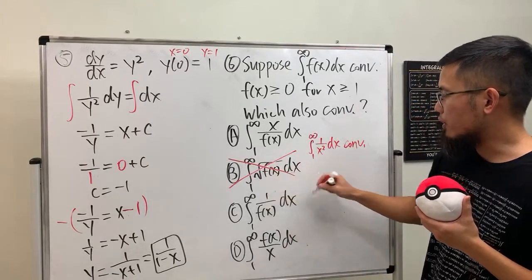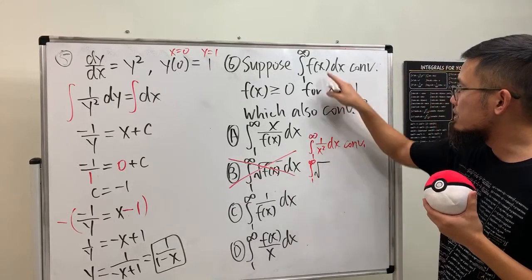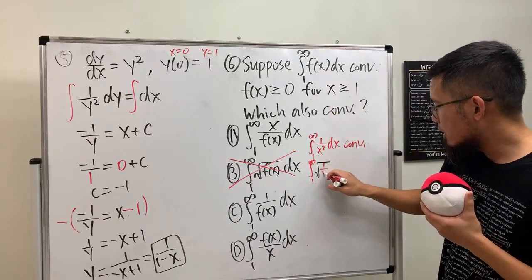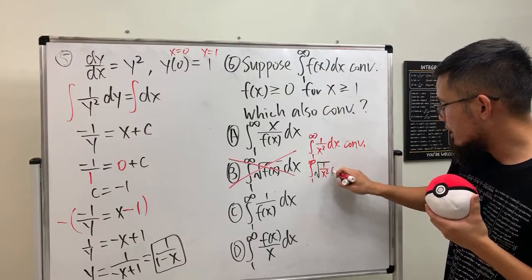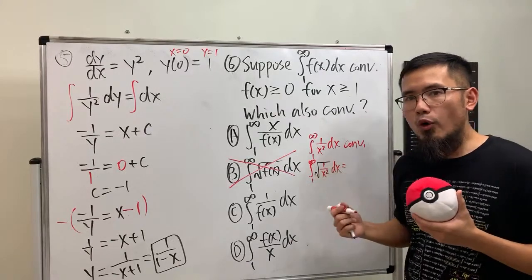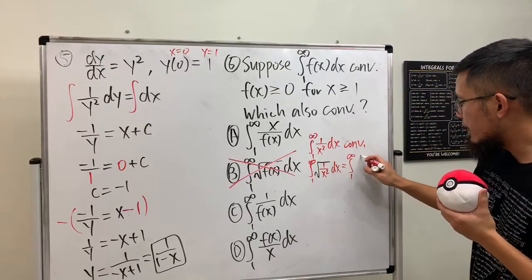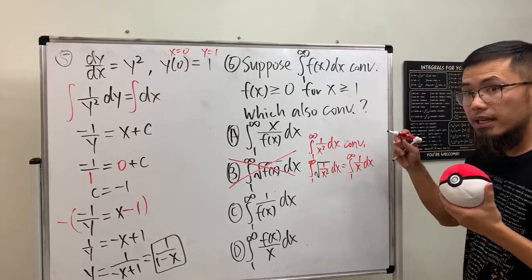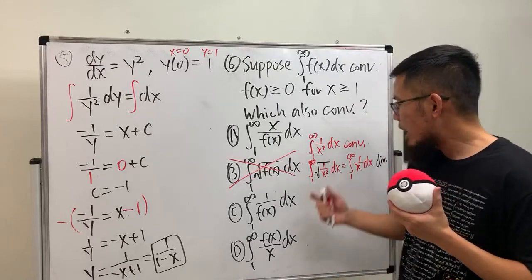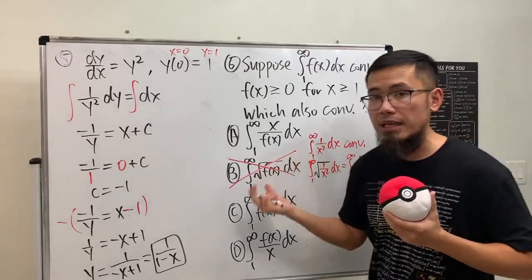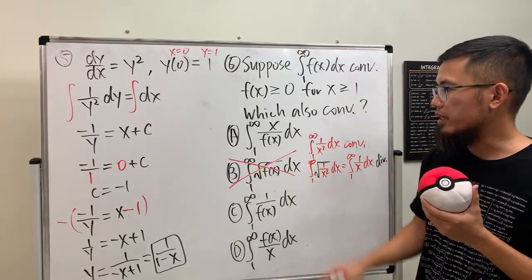But if you look at the square root version of it, the integral from 1 to infinity of the square root of 1 over x squared dx, well, on this interval x is positive, so you don't need the absolute value, you just get 1 over x dx. This actually diverges. And whenever you give an example like this to prove a statement is false, that's called a counterexample. So this right here is a counterexample to show B is false.